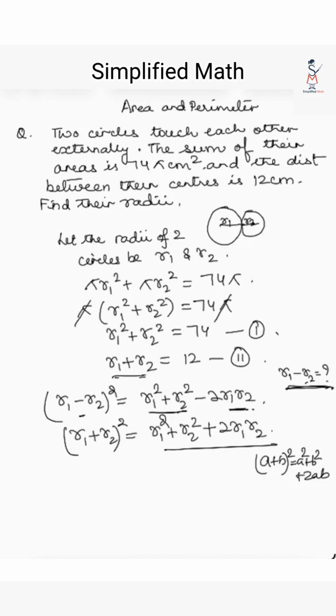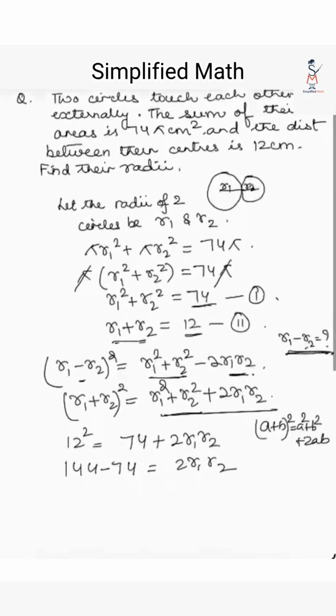So now R1 plus R2 we know it is 12, so this will become 12 square. R1 square plus R2 square is 74, so we'll write 74 plus 2 R1 R2. Find 144 minus 74 is 2 R1 R2. 144 minus 74 is 70. So what we got? We got 2 R1 R2 as 70.